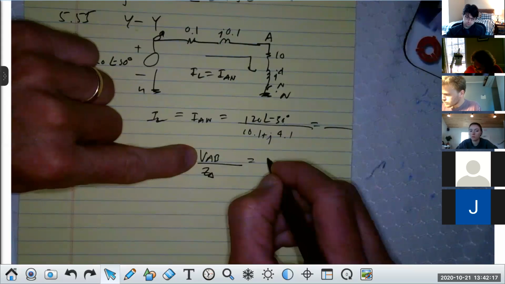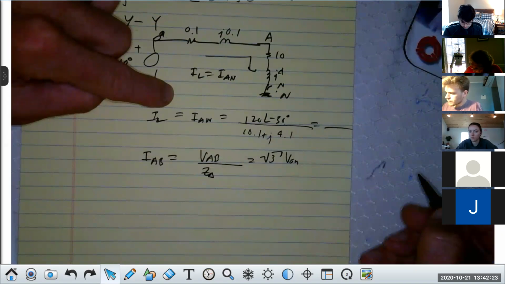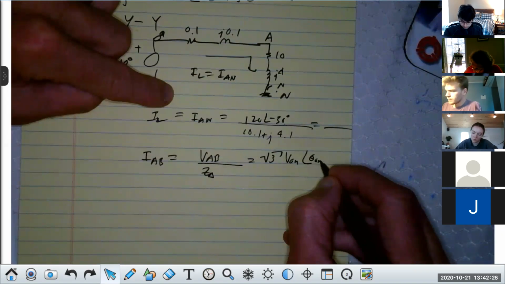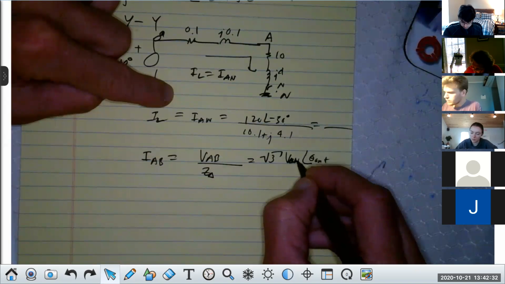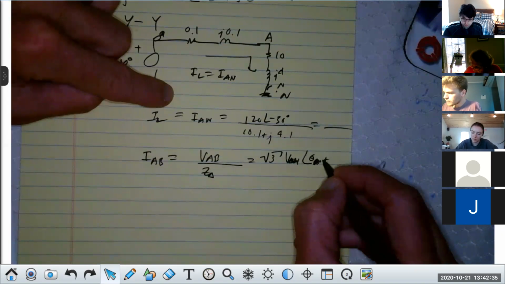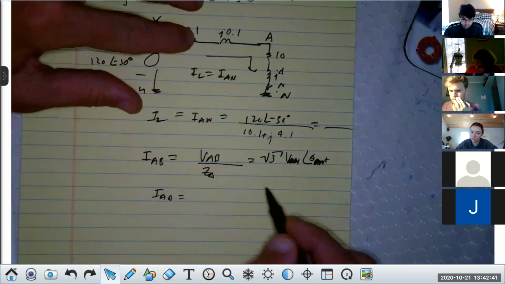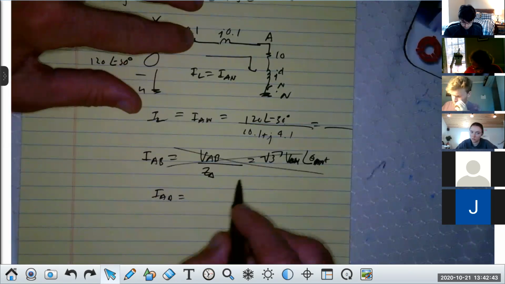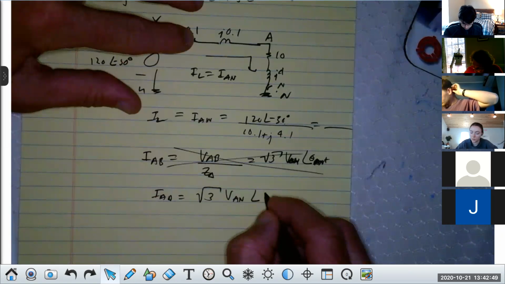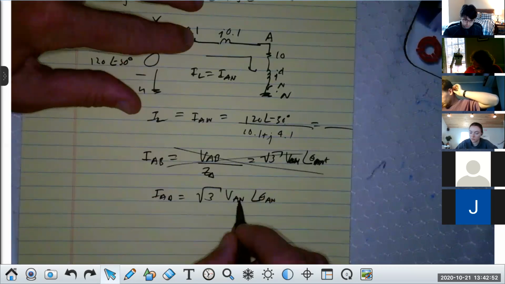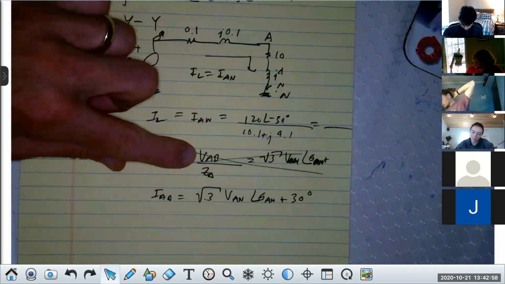VAB at the load end would be equal to the square root of 3 in magnitude times V capital A capital N, with angle theta AN, whatever that angle was for VAN, plus 30 degrees. That would be VAB divided by Z delta.